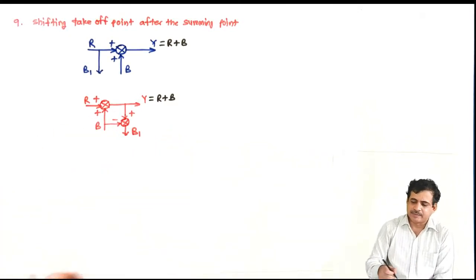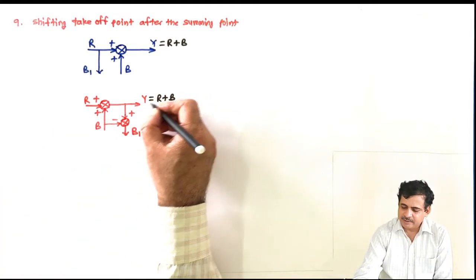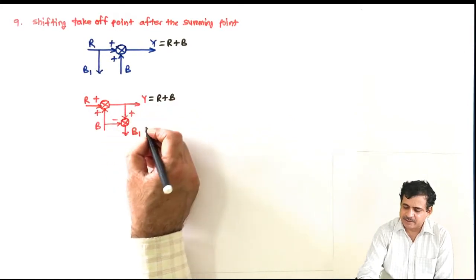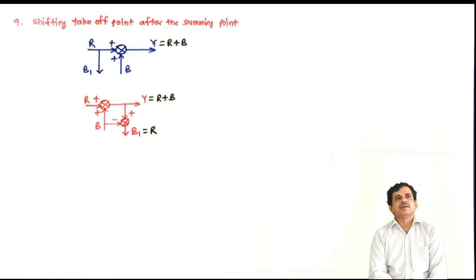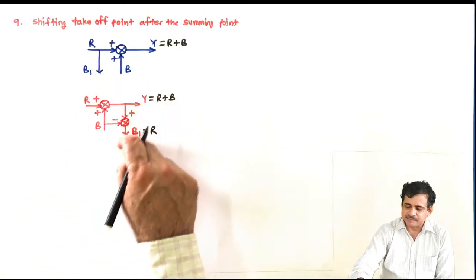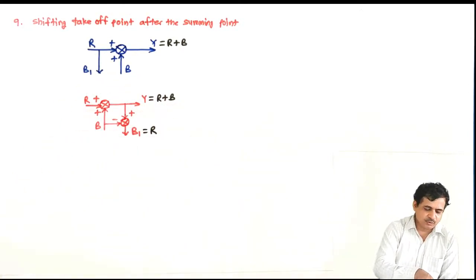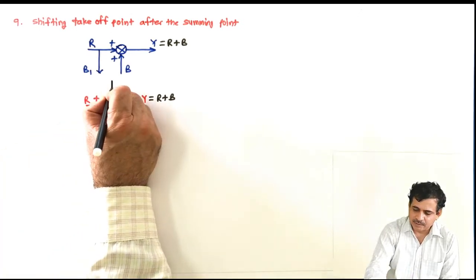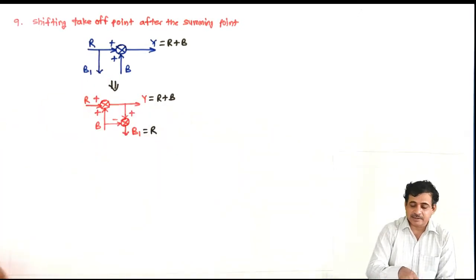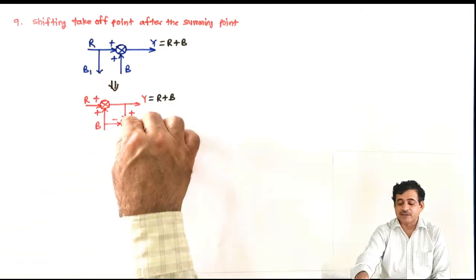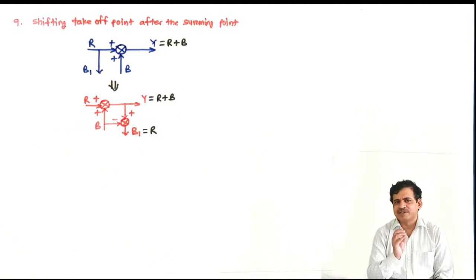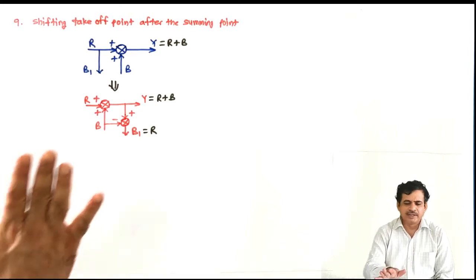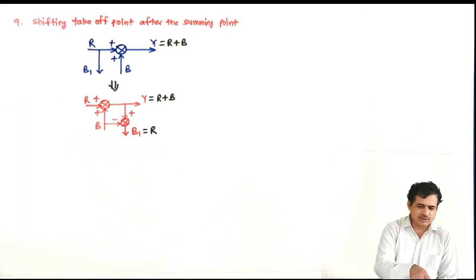And now you can see here it is R plus B. R plus B is here, minus B, so it is R, same as this. So in this case, these two are equivalent. This case is not adding any block, but it is adding a summing point, and this makes the simplification difficult. So we need to use this rule, and also the rule number 10.